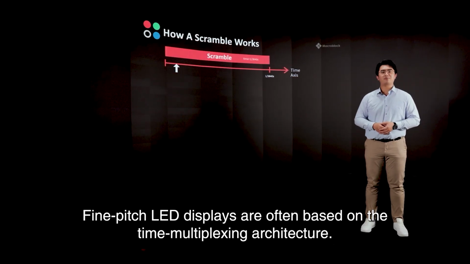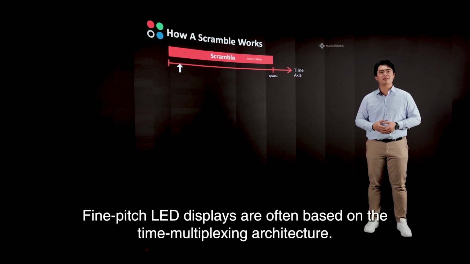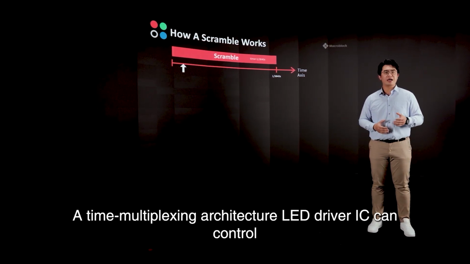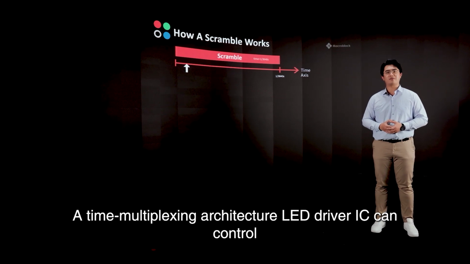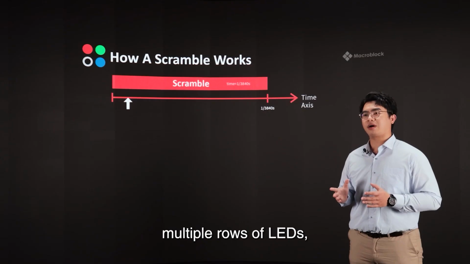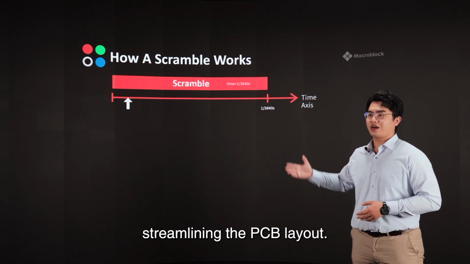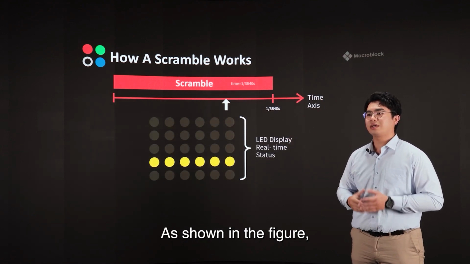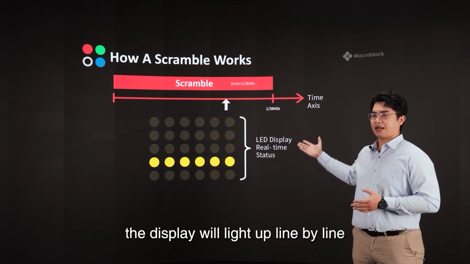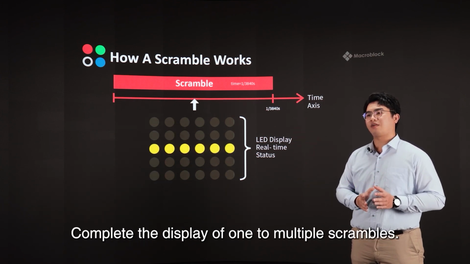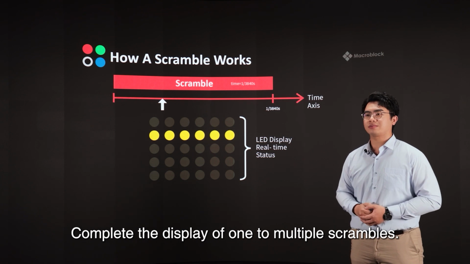Fine pitch LED displays are often based on the time-multiplexing architecture. A time-multiplexing architecture LED driver IC can control multiple rows of LEDs, trimming the PCB layouts. As shown in the figure, the display will light up line by line, completing the display of one to multiple scrambles.